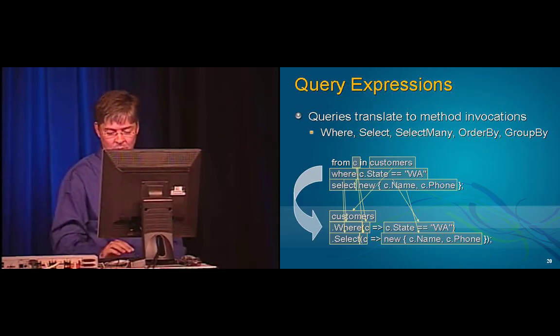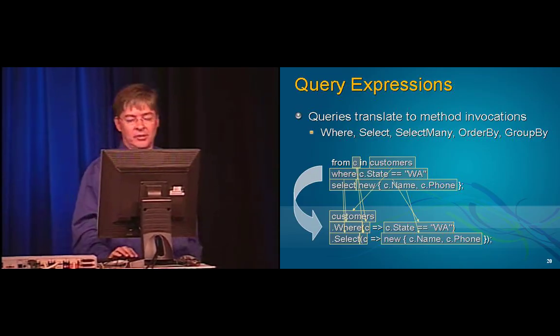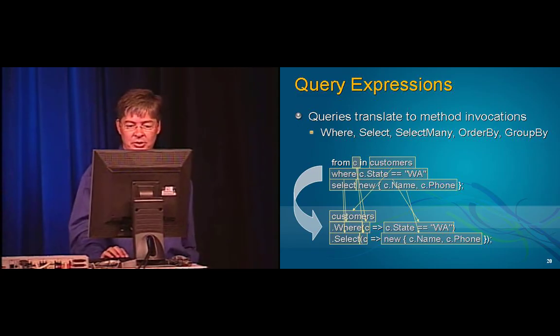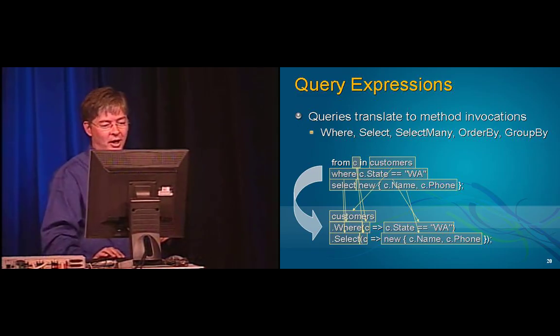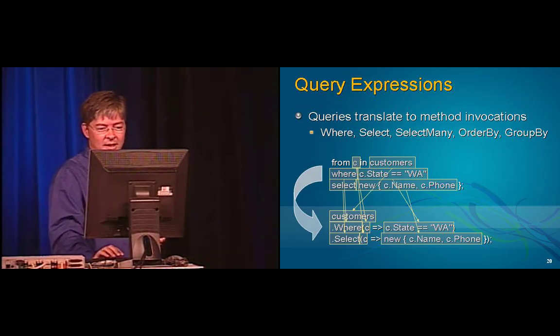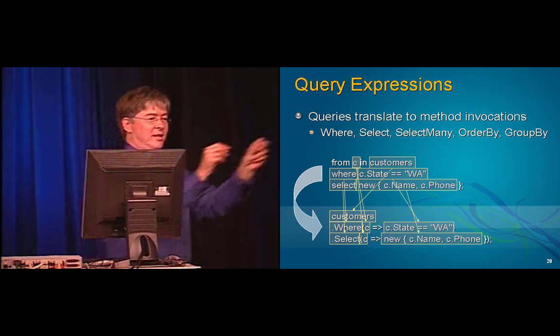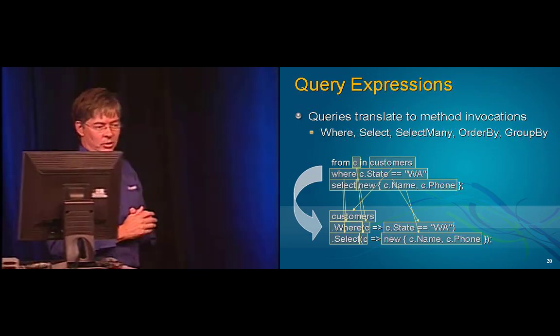Mechanically, the way the mapping works is that when you write a query expression over customers, we map the source of your query to the thing that we start with. Then, because there's a where in my query, we emit a call to a method called where.